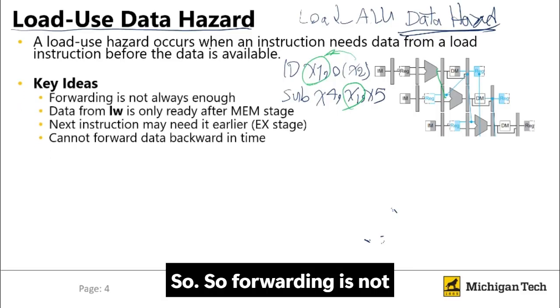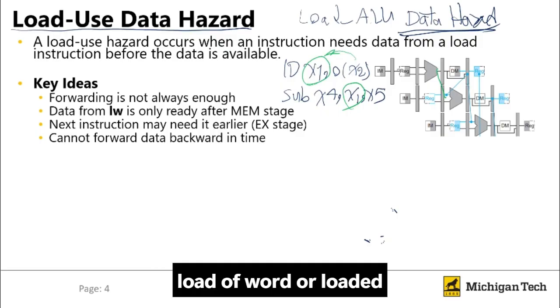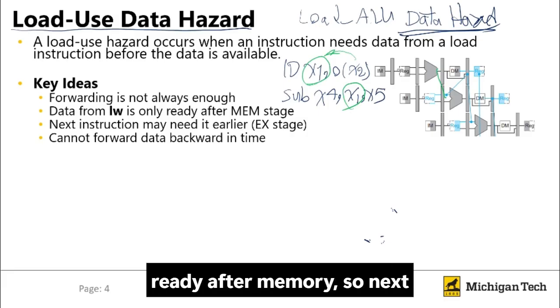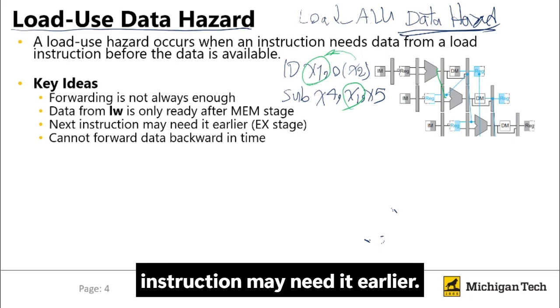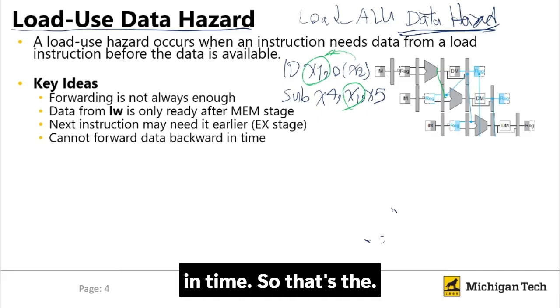So forwarding is not always enough. Data from a loaded word or loaded double word is only ready after memory. The next instruction may need it earlier, so we cannot forward data backward in time.